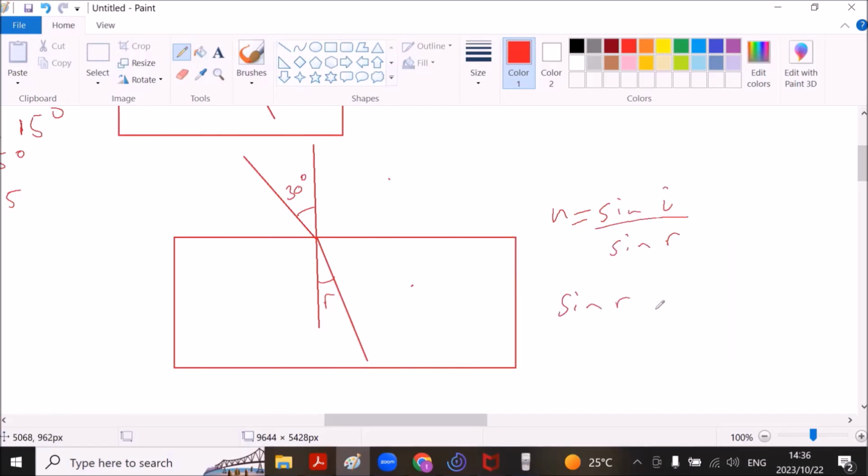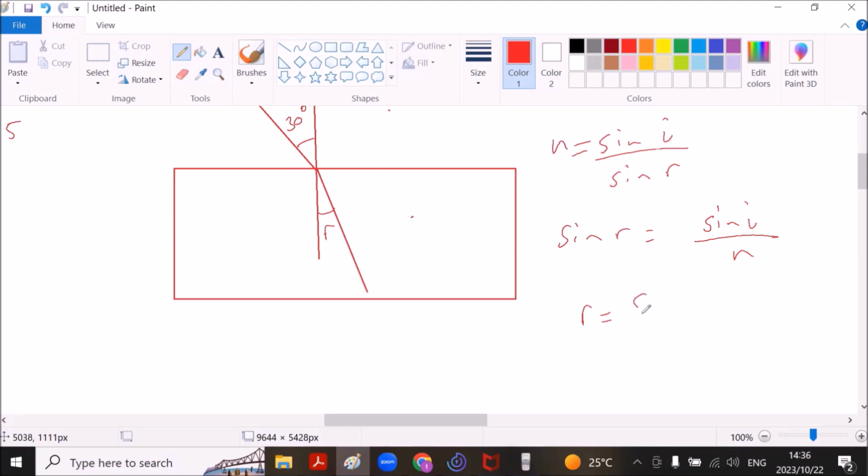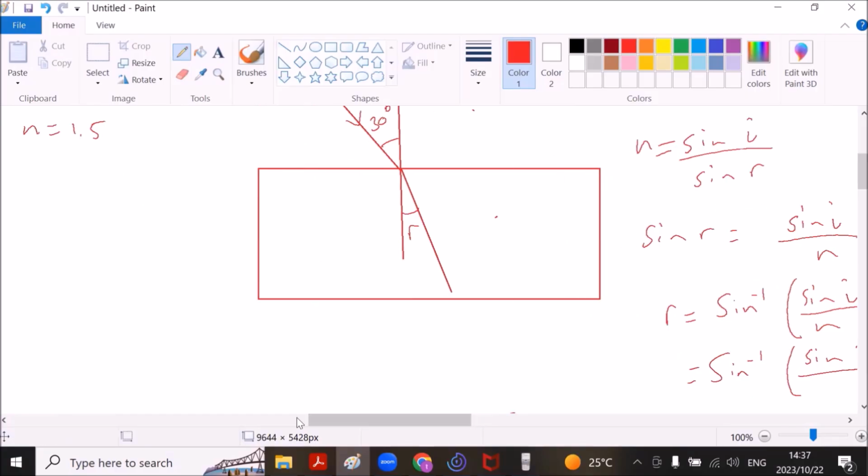Sine r is equal to sine i over n. r is equal to arc sine of sine i over n. This will be arc sine of sine 30 degrees over our refractive index, 1.5.